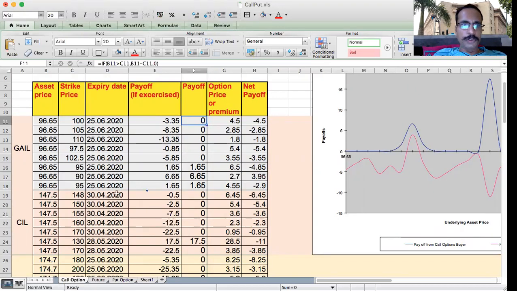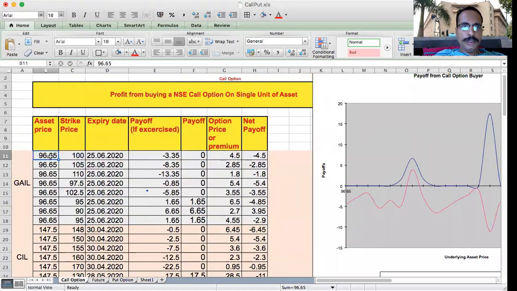Suppose, for example, the share price, which is the underlying asset on which this call option price is trading in the market, is 96.65 for GAIL stock, and I have made a deal that I will buy this share at 100 on 25 6 2020.